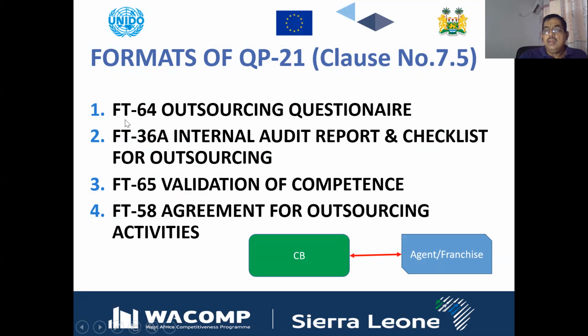That is why in the procedure QP21, with respect to clause 7.5, there is a format 64. It is available in your folder. You will send this outsourcing questionnaire form. When they send you this information, you will get some idea. Then you will send this main form, internal audit report and checklist for outsourcing.